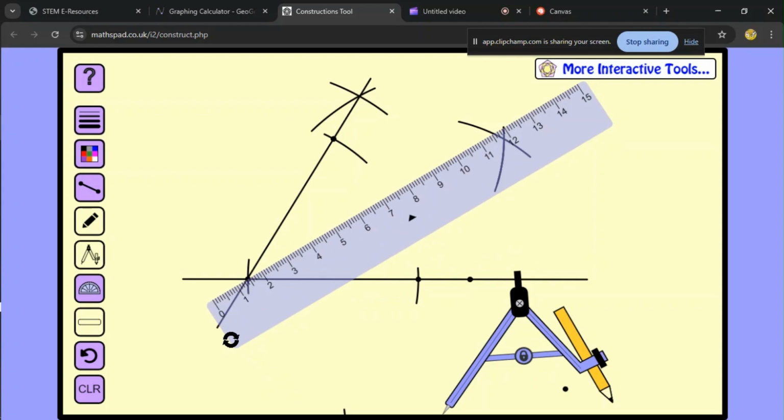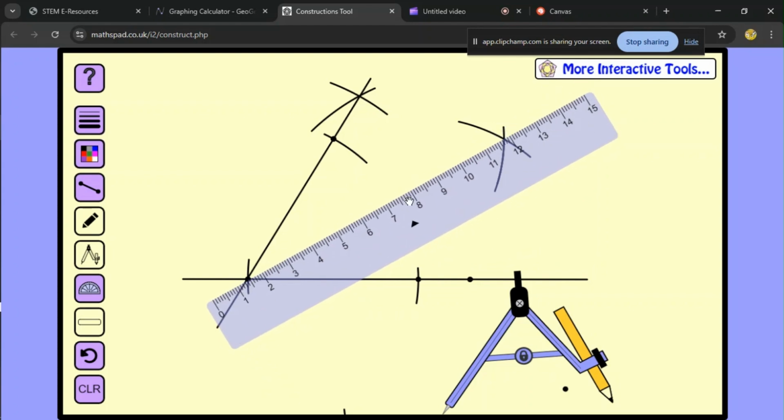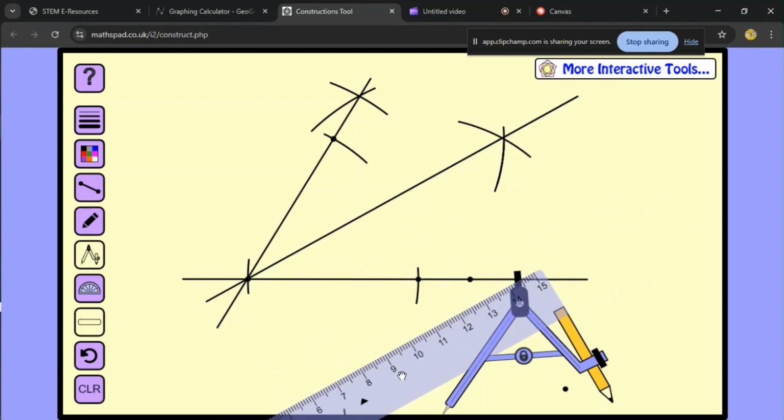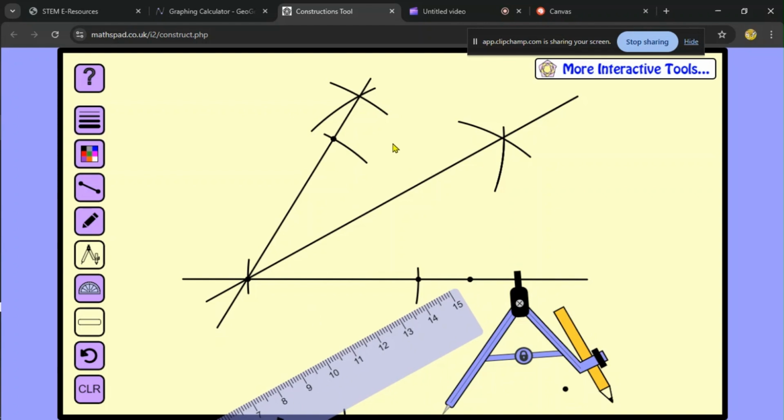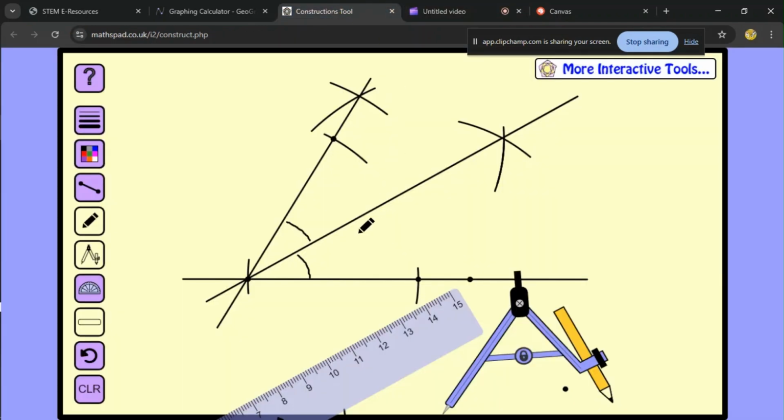And see what I'll be able to construct, so that you have these marks put like that, and that one becomes an angle of 30. So if I measure this angle, and this angle, they'll give me 30 degrees.